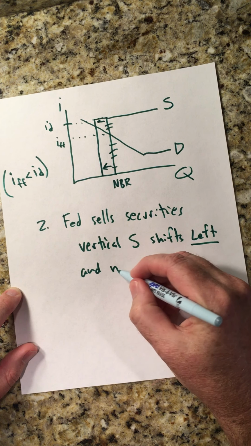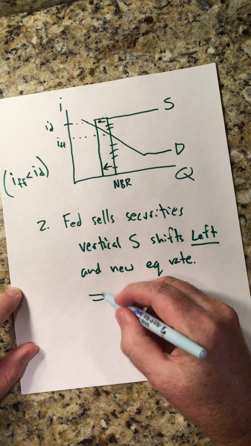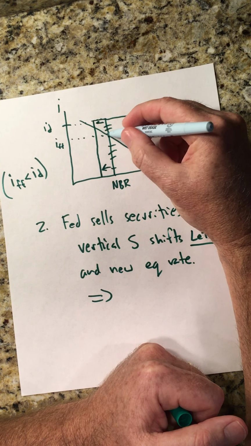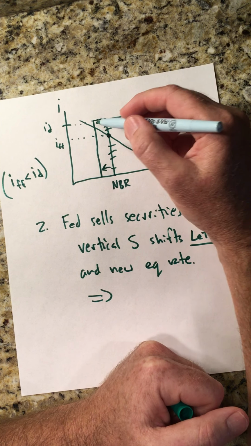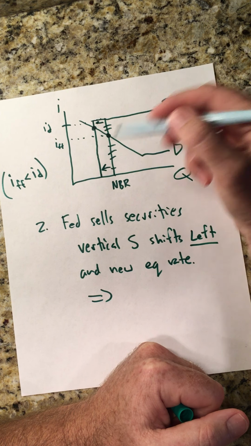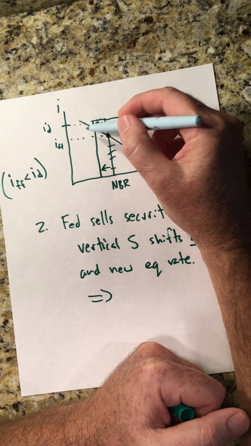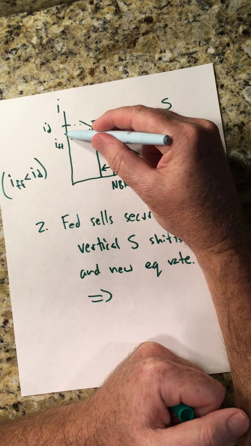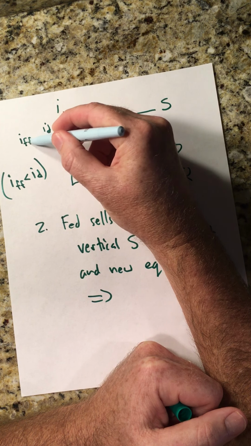And we get a new equilibrium rate. What's the new equilibrium rate? Well, this was my initial federal funds rate. So that's my market clearing rate. And now you can see, given this new supply curve that I've sketched in, the demand curve and supply curve now intersect at this point here, which is a higher rate. So my federal funds rate's going to climb.